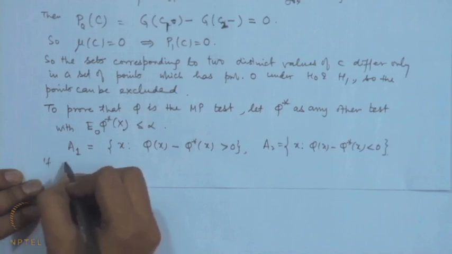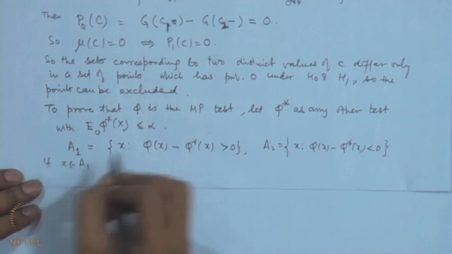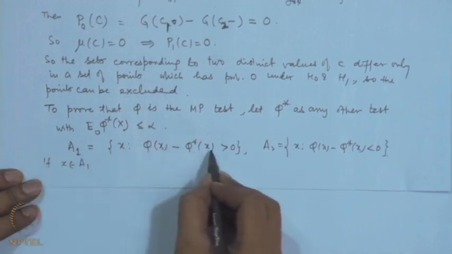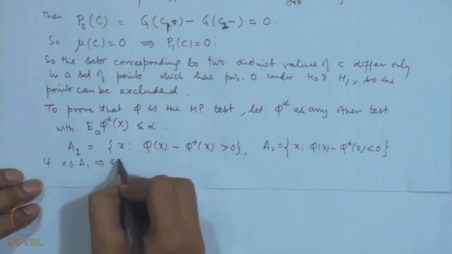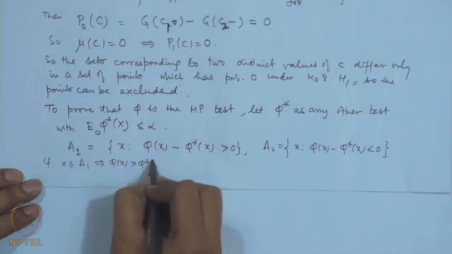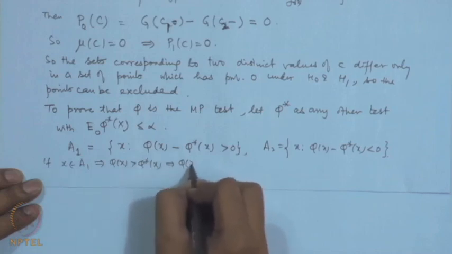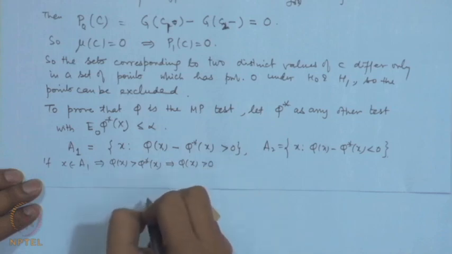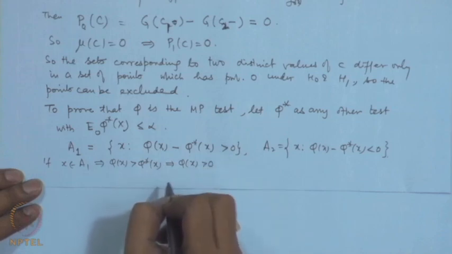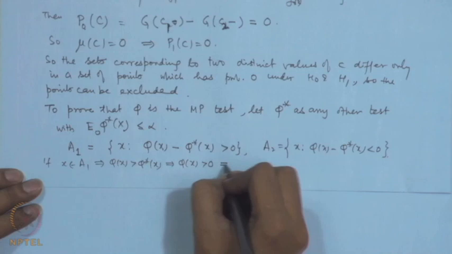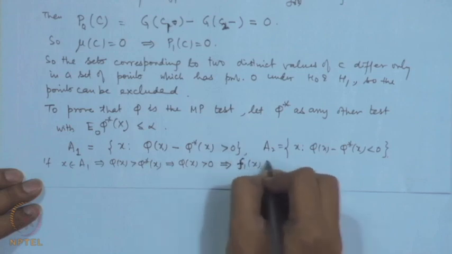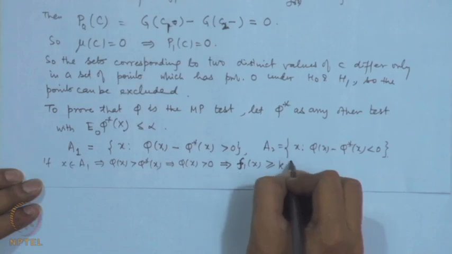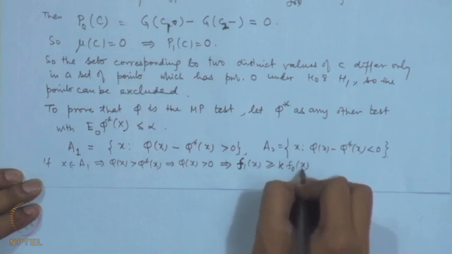If x belongs to A1, then phi x is greater than phi star. So, this implies that phi x is greater than phi star. Now, this also means that phi is strictly positive. If phi is strictly positive, this implies that f1 x is greater than or equal to k times f naught x.